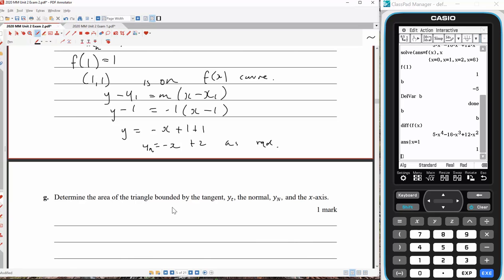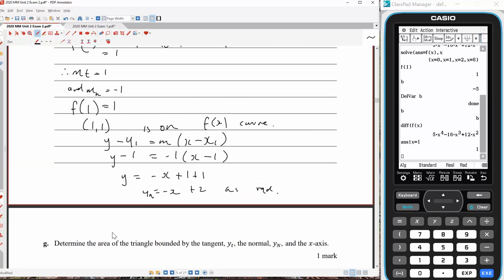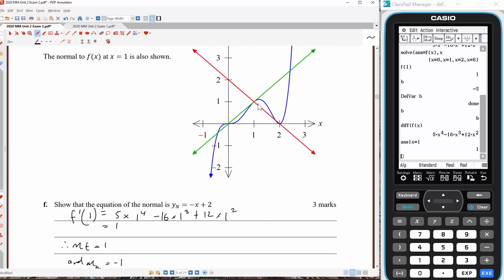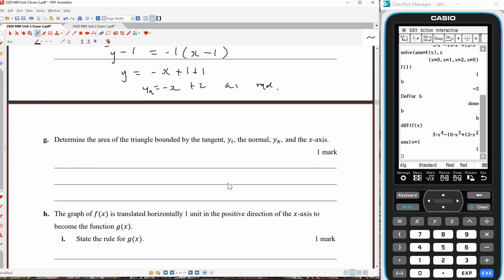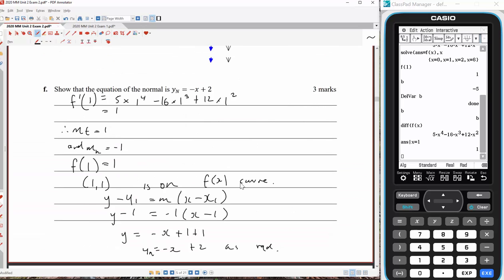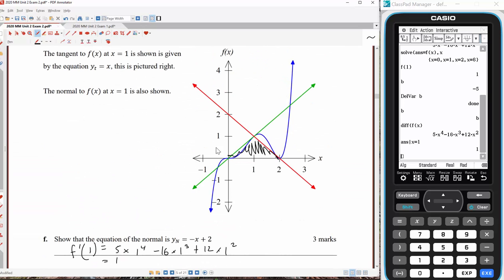Determine the area of the triangle bounded by the tangent, the normal, and the x-axis. That's this area here. 1 mark. Okay, so from year 7, area equals half times the base times the height.